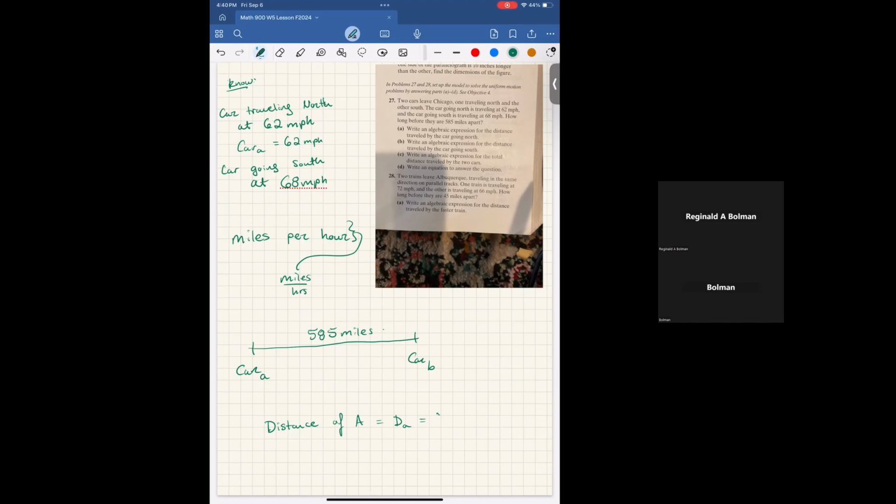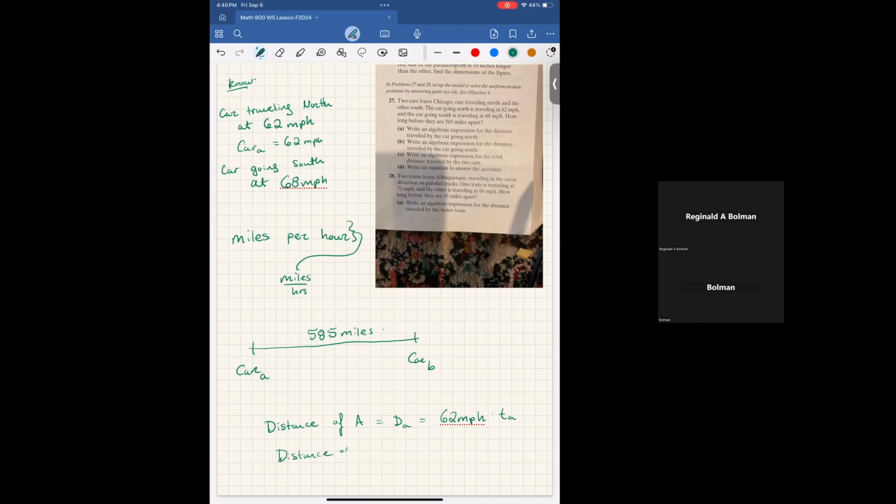So in this instance, we have car A's speed times the time that car A is traveling a specific distance. Now, car A's speed, of course, is 62 miles per hour, so I can just put 62 miles per hour times the time that the car is traveling at that specific rate.